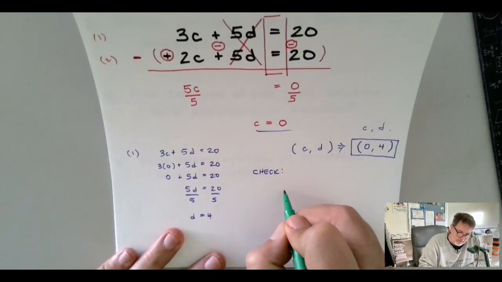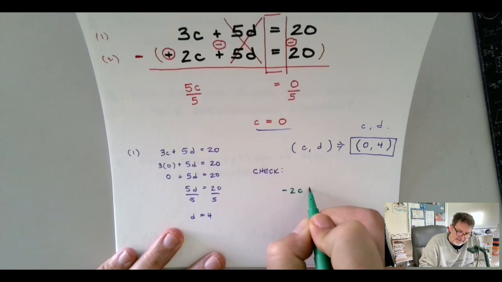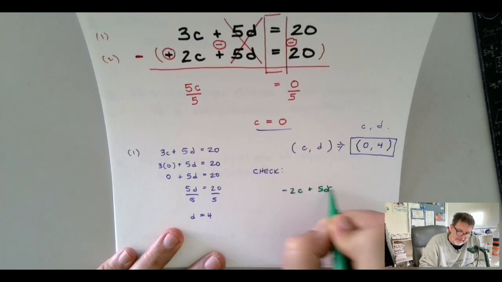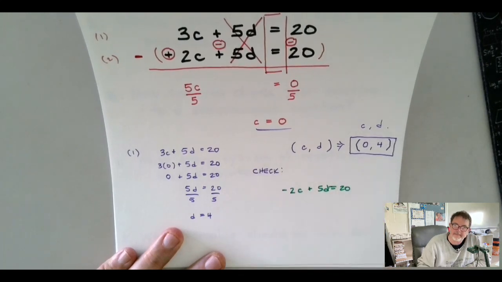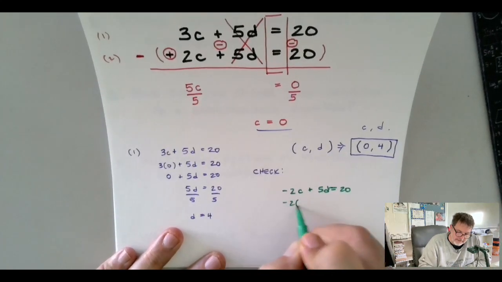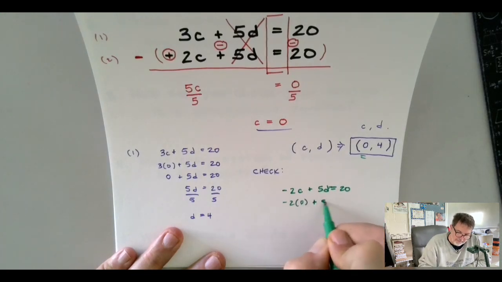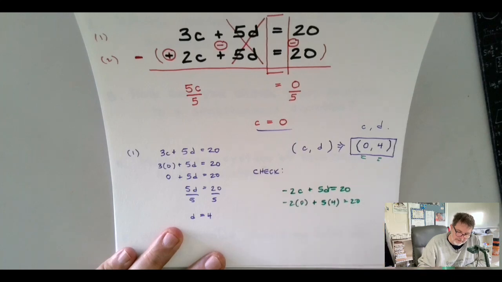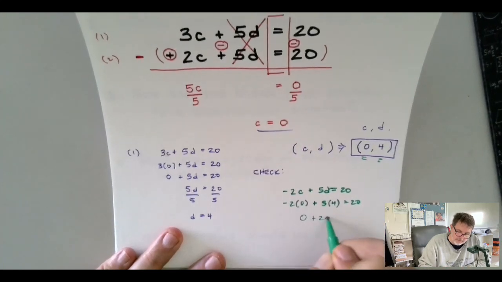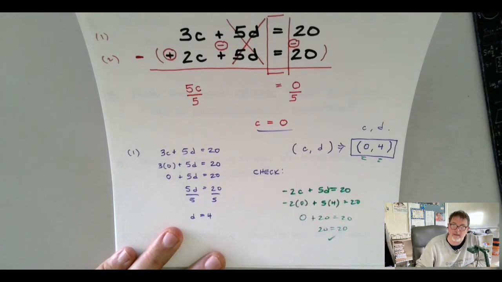So I know that negative 2C plus 5D equals 20. So when I plug in, I get negative 2 times 0, that's this 0, plus 5 times 4, that's this 4, that should get 20. So 0 plus 20 is 20, so 20 is 20. So that's the correct answer, okay?